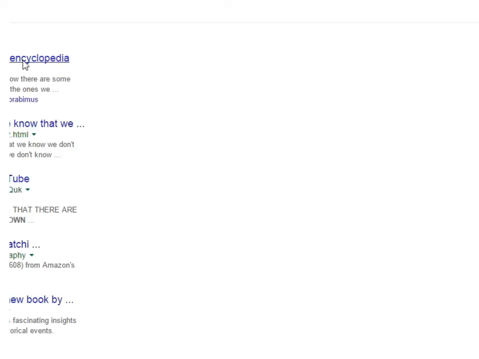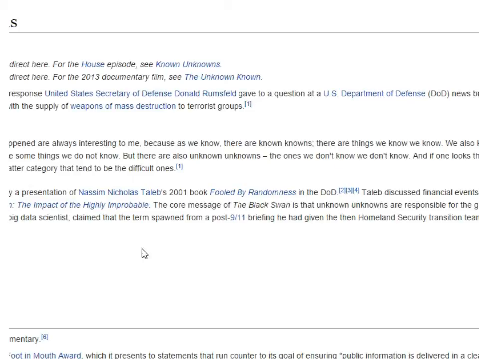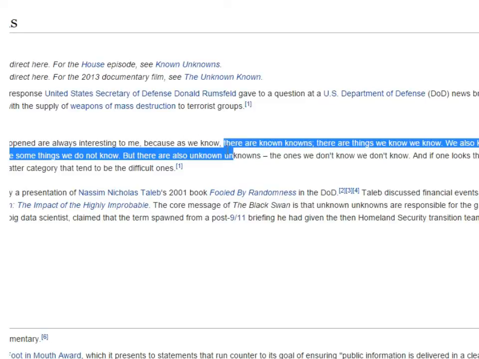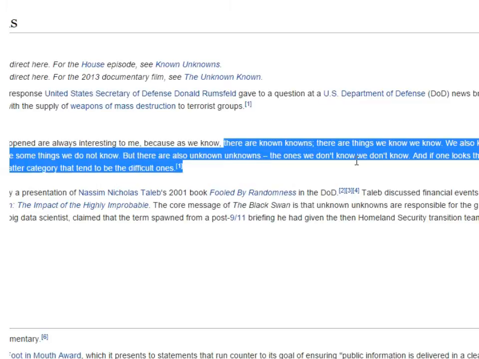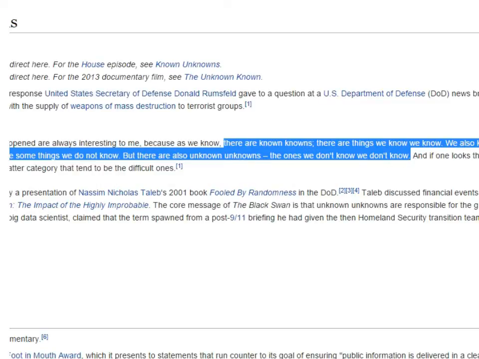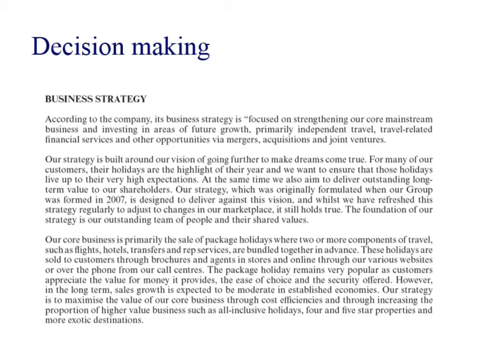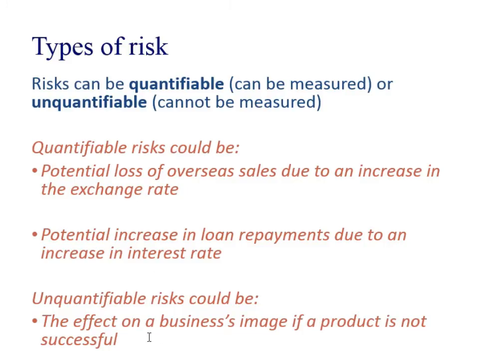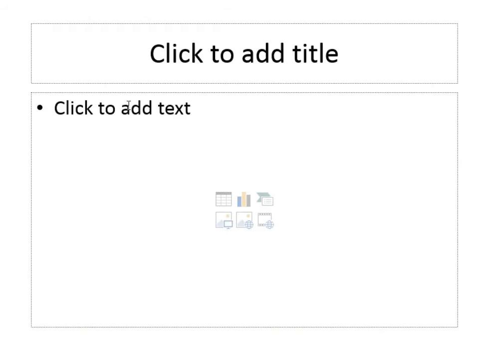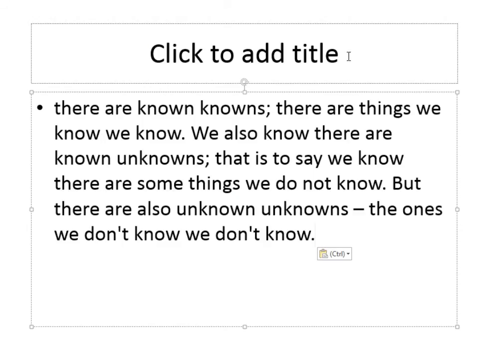Okay, so this is from Donald Rumsfeld, who was the Secretary of State, and he gave a speech in February 2002. I'm just going to copy that onto the presentation. Here we go. So this is what he said.